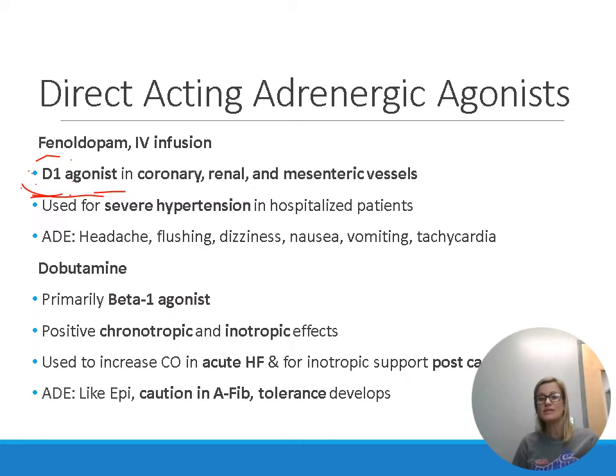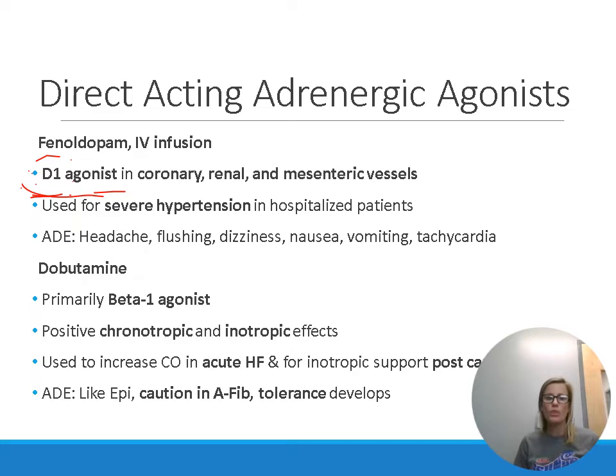This protects those organs from damage that could be caused by severe hypertension. So for example, when patients have very, very severe hypertension, one of our major concerns is that we're going to end up damaging the organs, right? Their other organs are going to get damaged because of that really, really high pressure.